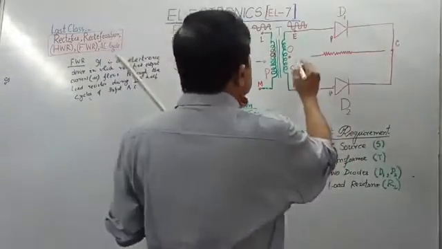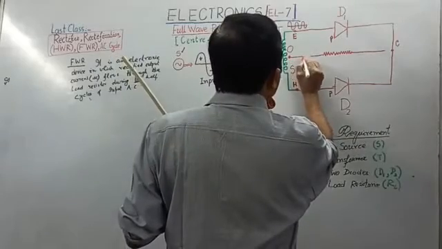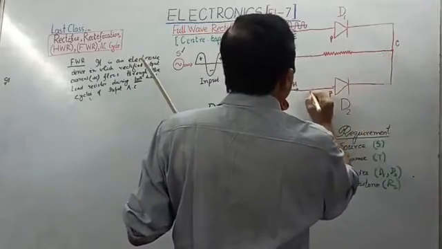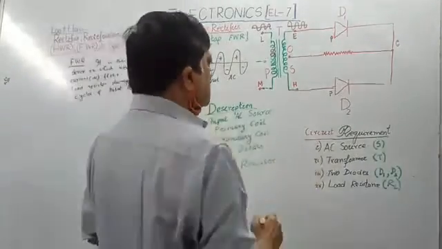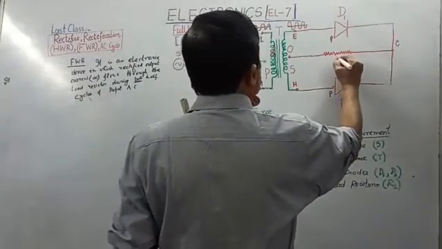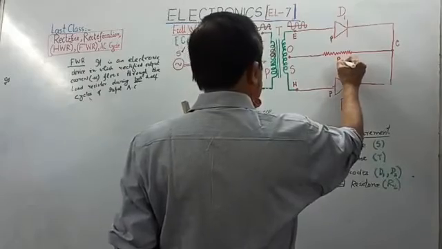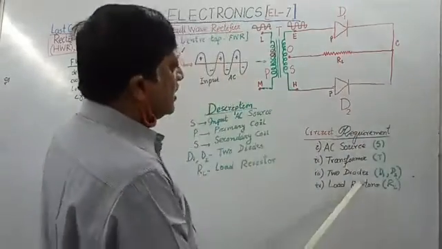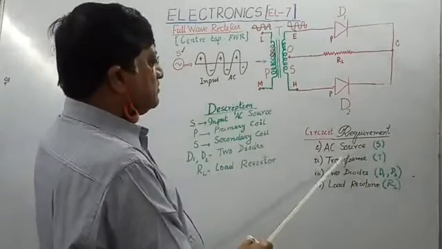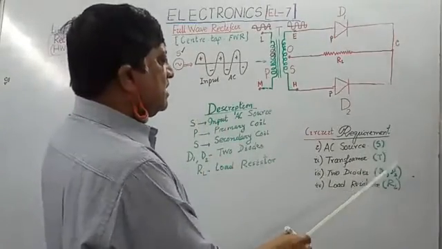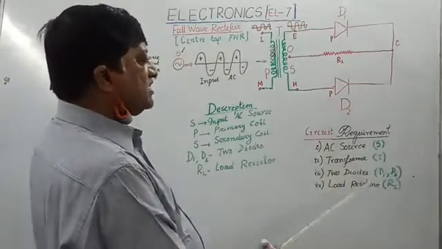Between these two, a resistor is placed. This resistor is known as RL. What is this RL? Load resistor. So we have used an AC source S, transformer T, two diodes D1 and D2, and load resistor RL.